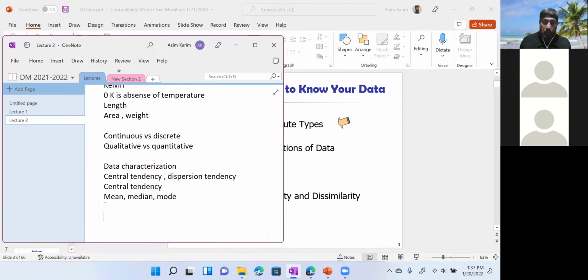Nominal attributes cannot be ordered, while it can be done for others, which are ordinal, interval scaled, and ratio scaled. And mode is the value that is most frequently occurring, and this is most appropriate for categorical data and especially for nominal data.